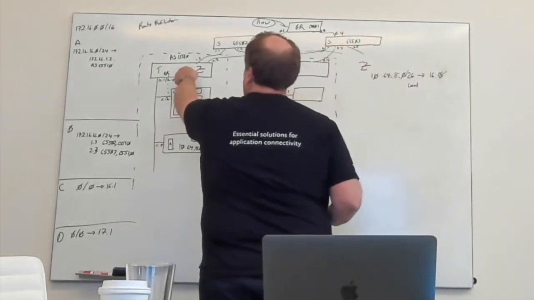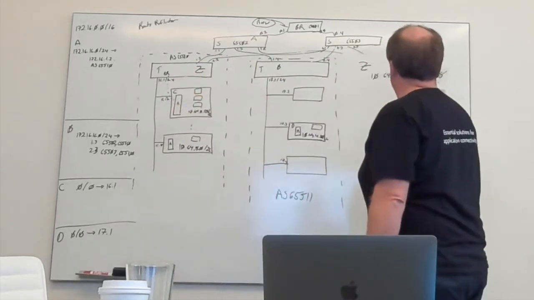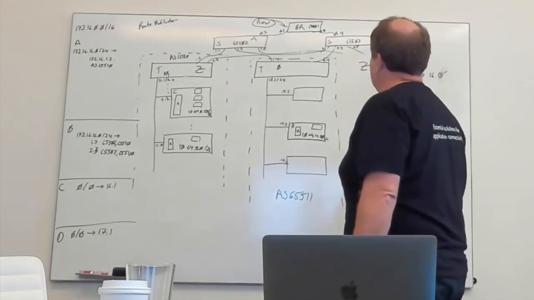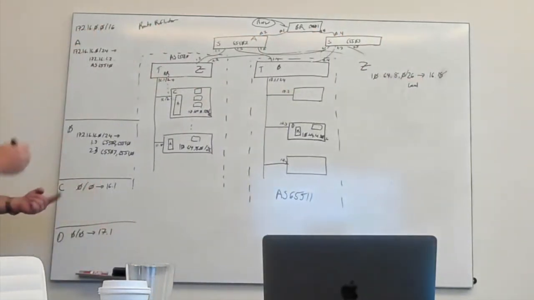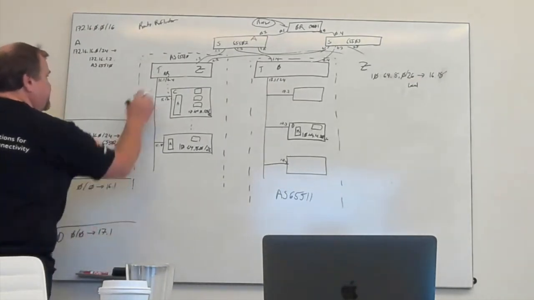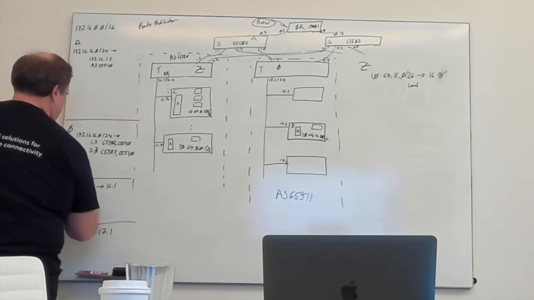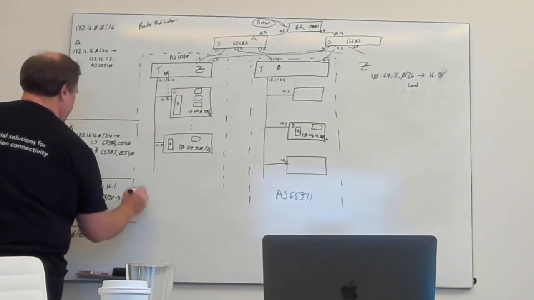So that's what this top of rack switch was doing, acting as a router and a route reflector. This is what Z has. Z will then tell C exactly the same thing because it's a route reflector. It's not going to change its next hop. So C will now learn that 10.64.8.0/26 is locally reachable on 16.18.